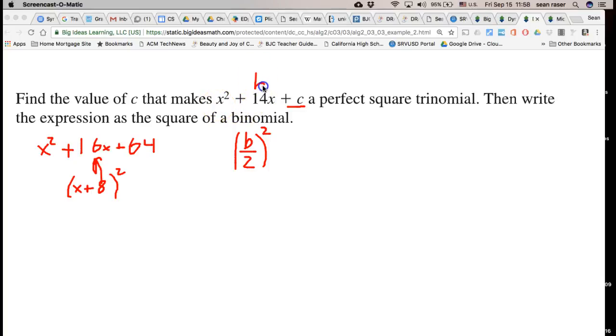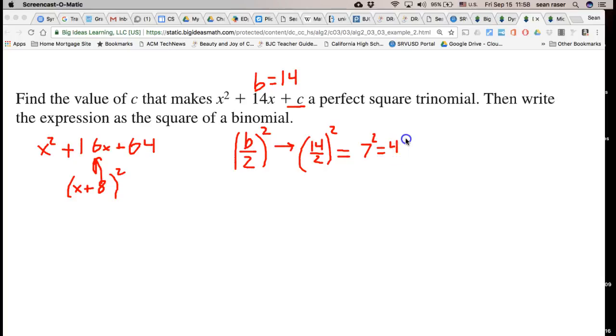Let's give it a try with this one. Here we see that b is equal to 14. So if we take b over 2 squared, that's 14 over 2, then squared. 14 over 2 is just 7, so we end up with 7 squared, which gives us 49.